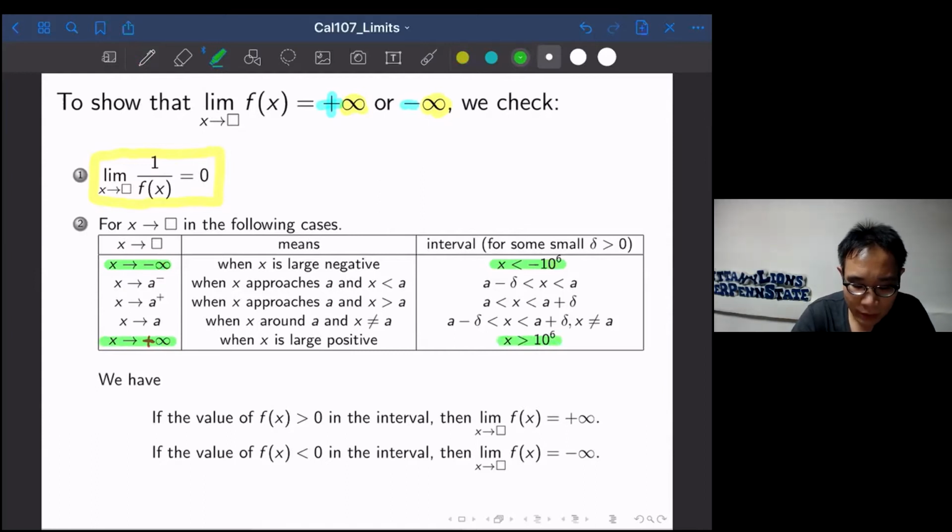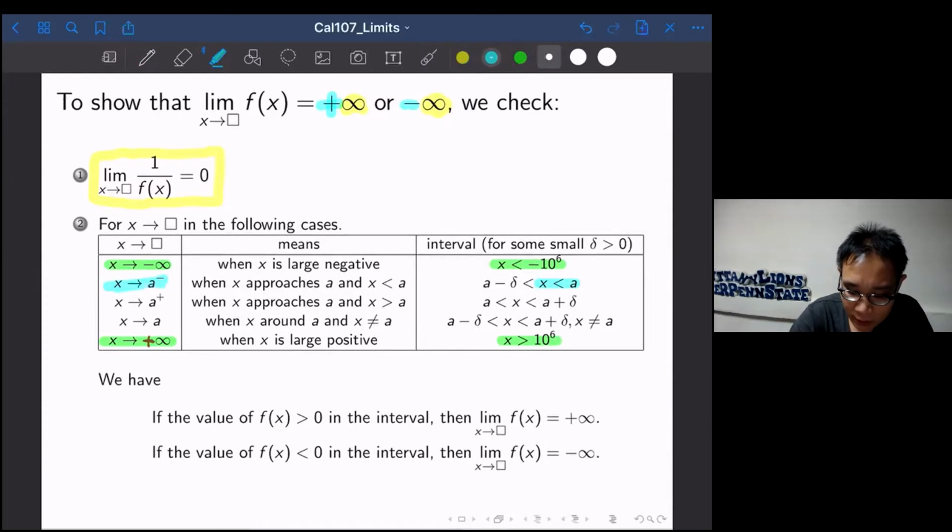And you have the limit as x goes to a from the left and from the right. In this case, from the left it's x less than a, and it's not far from a, so it's a minus delta for some small delta.